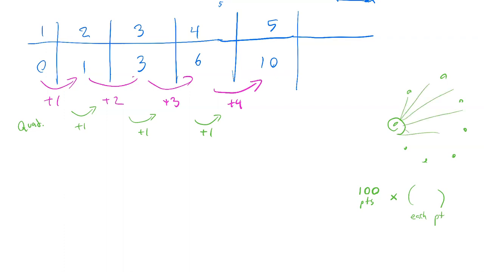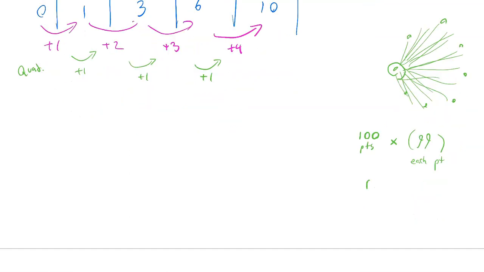Doesn't matter if they're next to each other or not. The point can't connect to itself to make a line segment, because that's not a line segment, but it can connect to every single other one. So it's 99. Or in general, if you have n points, you can connect to n minus 1 other points.